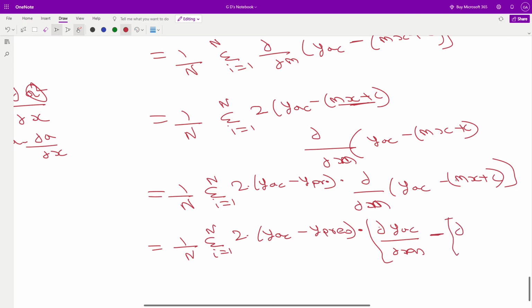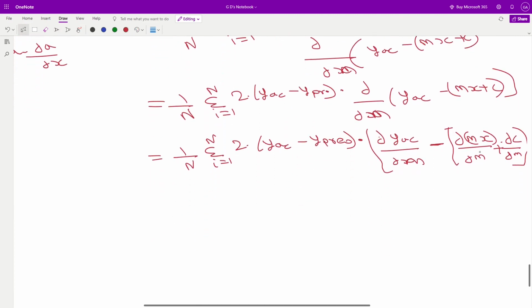If I send this differentiation again inside, it will be d(mx) by dm plus dc by dm. This is how the differentiation equation looks exactly. Now, this part becomes 0. Why?